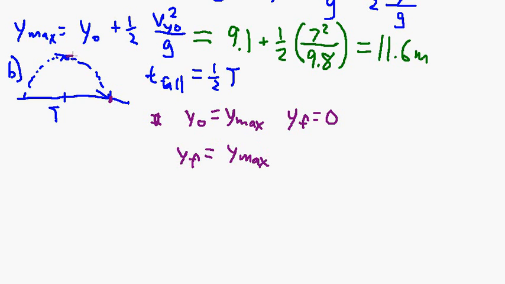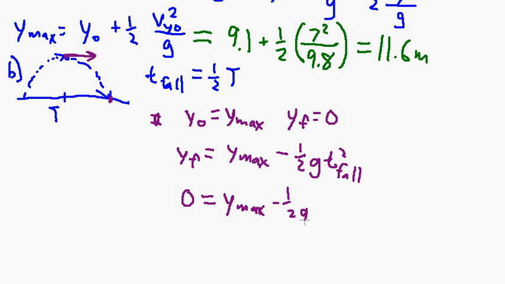Its initial velocity is purely horizontal, so there's no initial velocity term here. So we're just going to say minus 1/2 G T fall squared. Okay? So that just means Y final, the ground, 0, equals Y max minus 1/2 G times T fall squared.